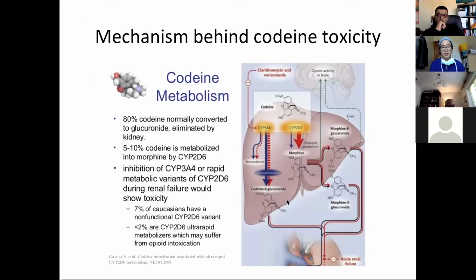In a normal state, most of it is converted to glucuronide and then eliminated by the kidney, but a small percentage is metabolized by the cytochrome P450 system, and that causes problems.